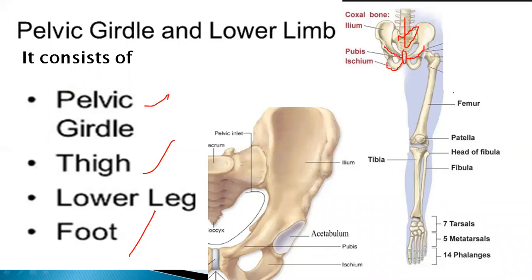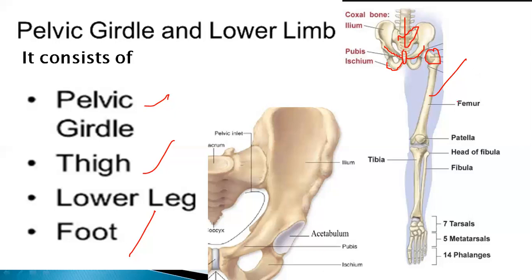Then we are having 3 more bones like we are having in arms. So this is femur. This femur is having a head like the humerus, but it is joined with this cavity, which is called acetabulum.